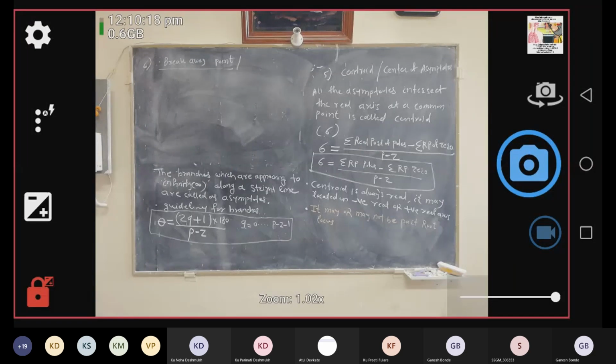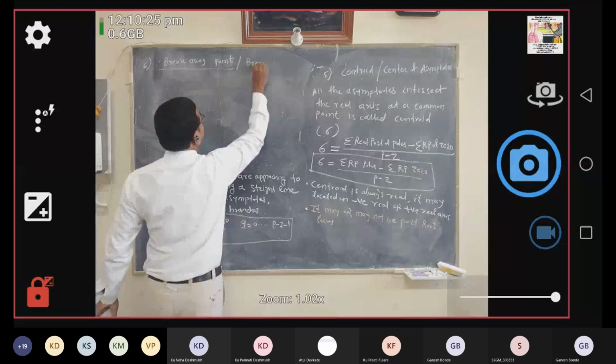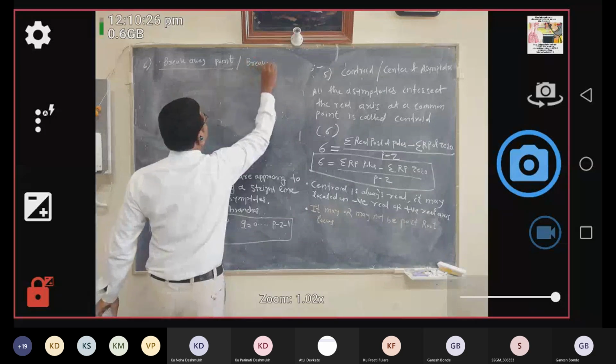It is also called the breaking point. So everybody, please listen here. What is the meaning of breakaway point or breaking point?